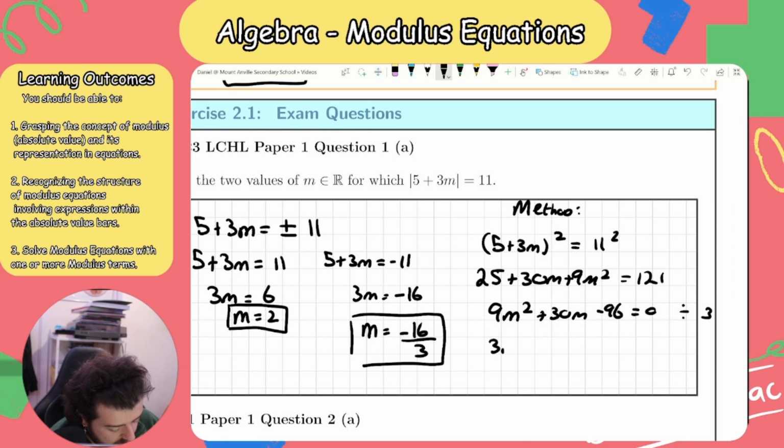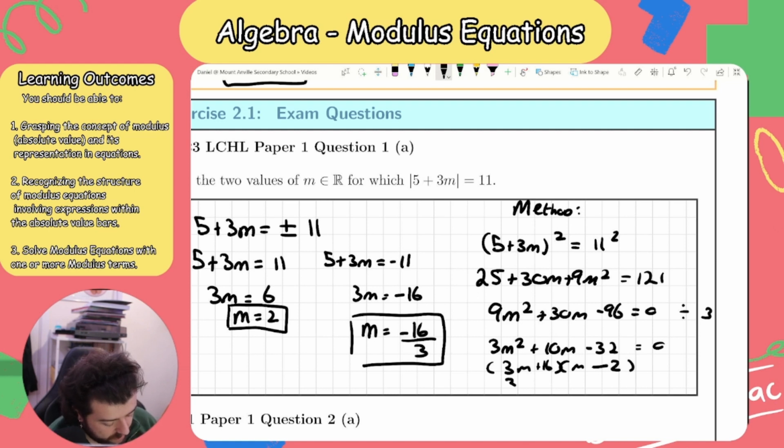So I have 3m squared plus 10m minus 32 equals 0. 3m here, m here, and then this is going to be minus 2, and this is going to be plus 16.